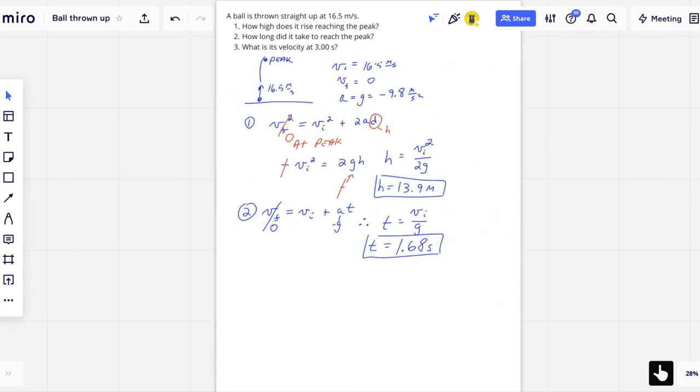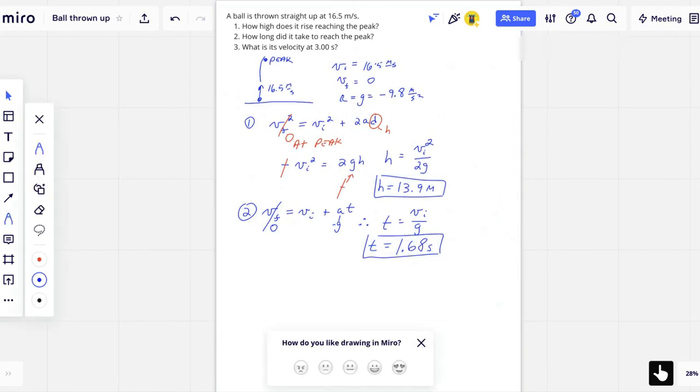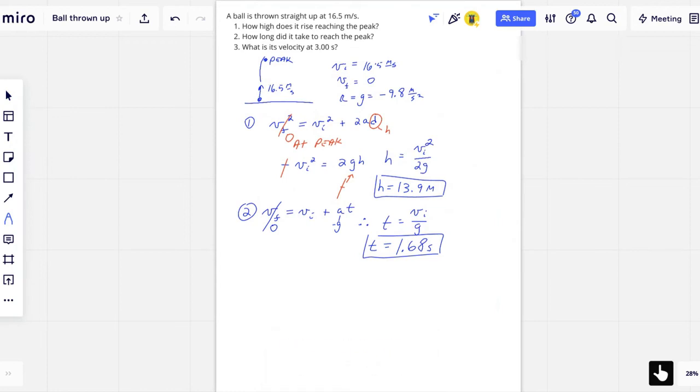All right, number 3 wants to know what its velocity is 3 seconds later. Well, that's this same equation, except in this case we're solving for v final at that time.